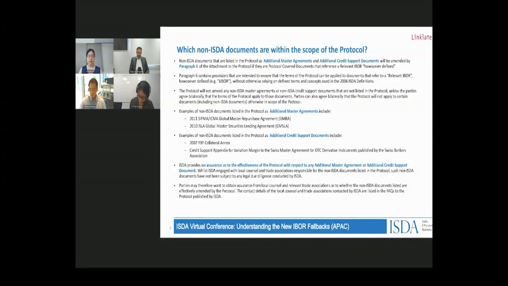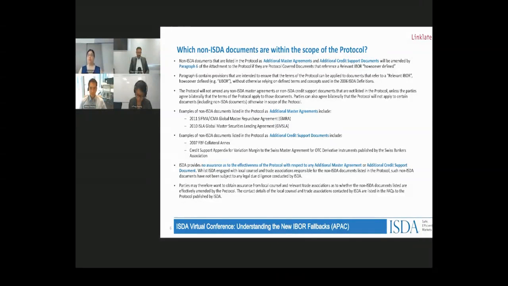You see the Swiss one there, but it captures, say, the Mexican version, your standard English law version. So it's worth taking a look when you have some time at the detail of these additional master agreements and credit support documents that fall within the scope of the protocol.